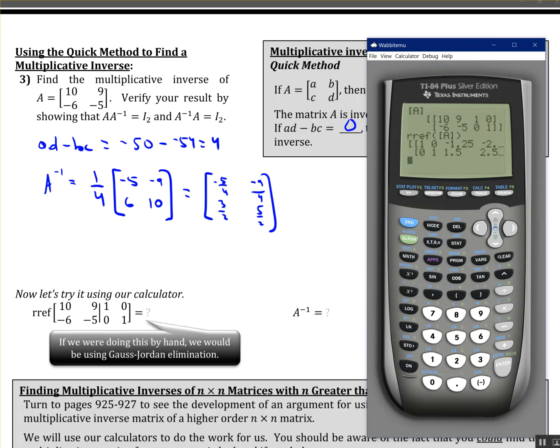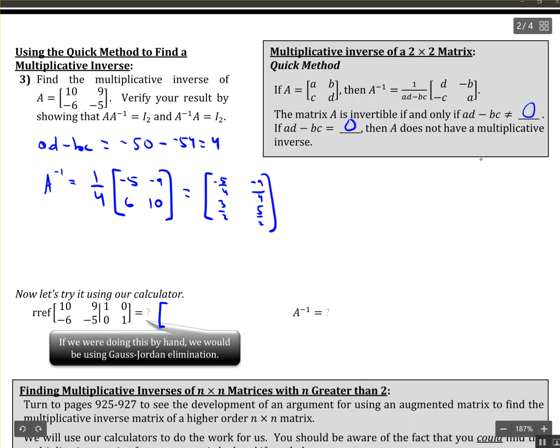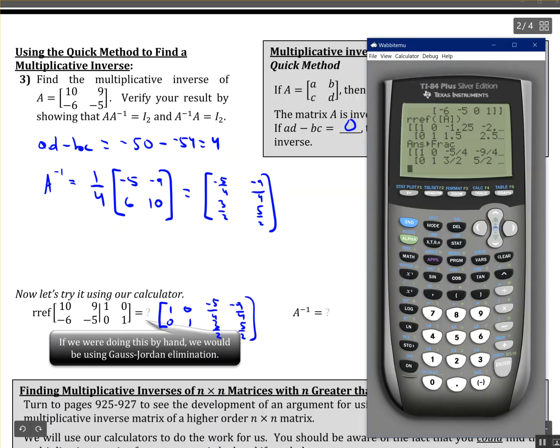Well, here let's make them in a fraction so I can see the whole thing. Notice what it spits out is this whole thing: 1, 0, 0, 1, negative 5/4, negative 9/4, 3/2, and 5/2. So notice that's the answer it spit out there.